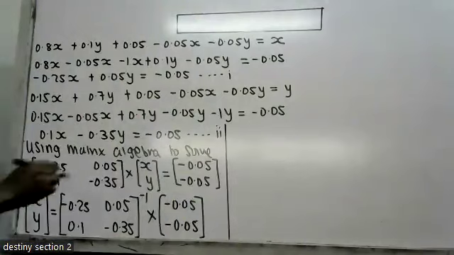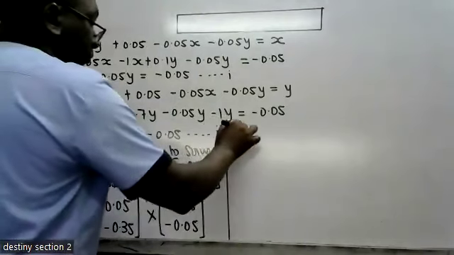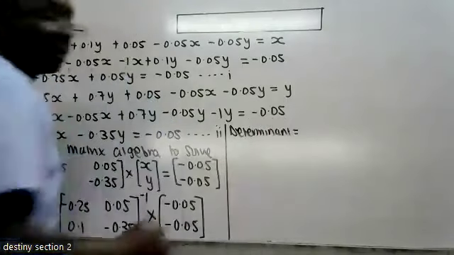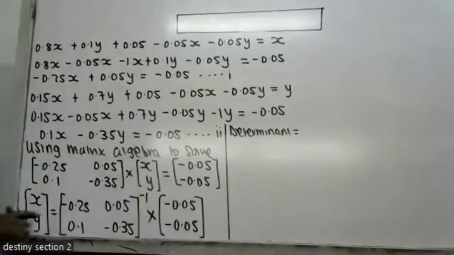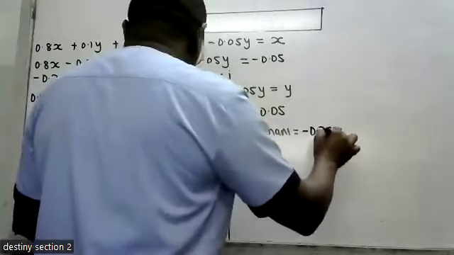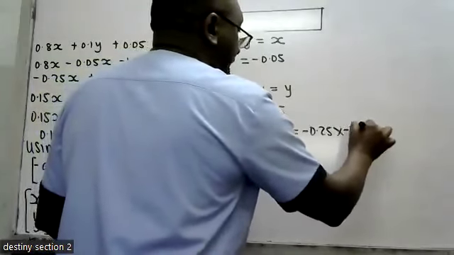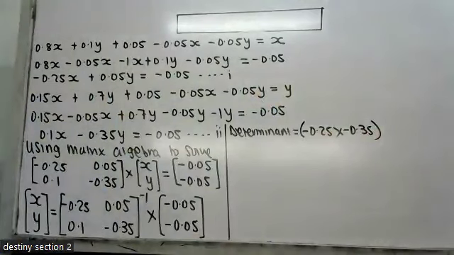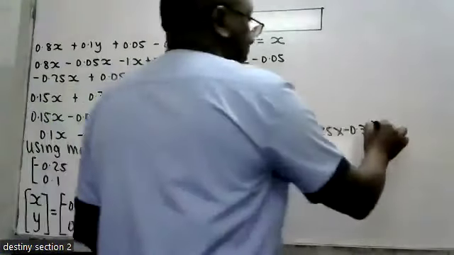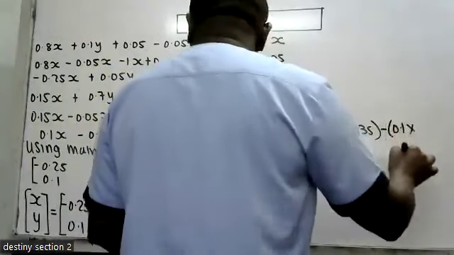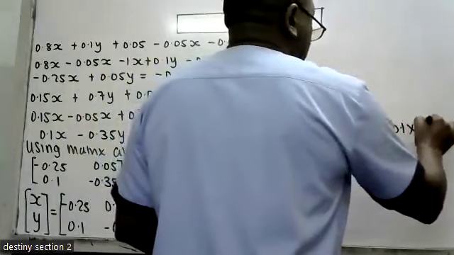So from there, I look for the determinant. The determinant, nitachukua hizi major minus 0.25 multiplied by minus 0.35. Then I say minus 0.1 multiplied by 0.05.